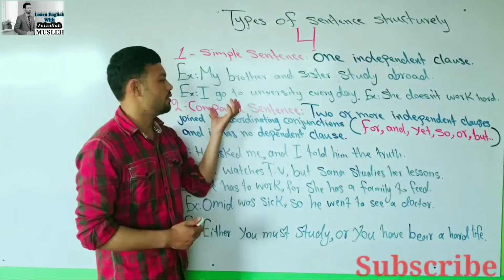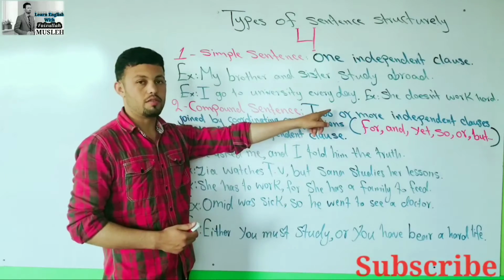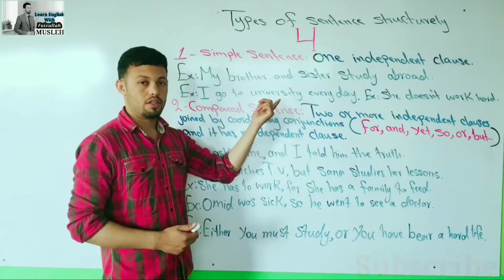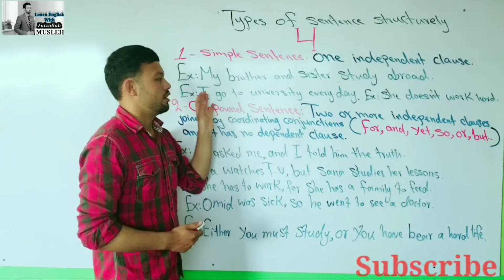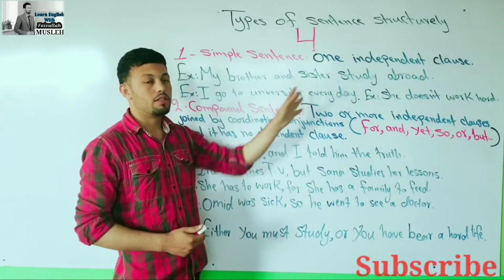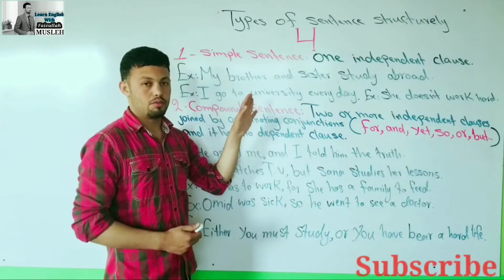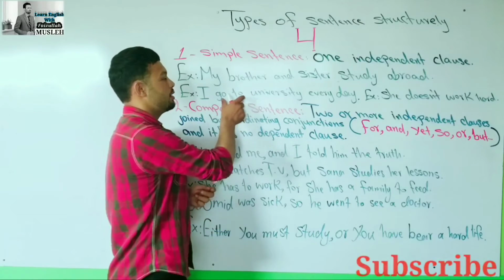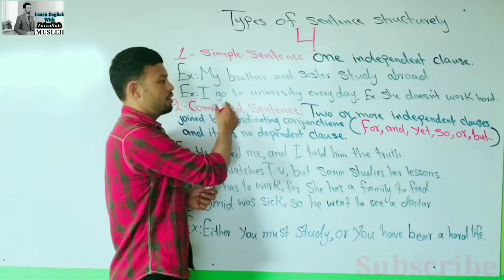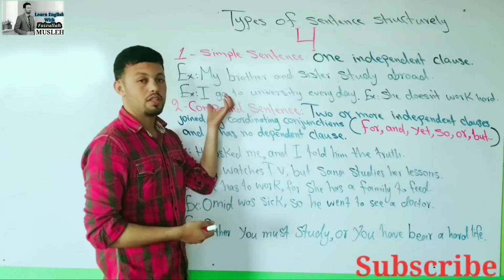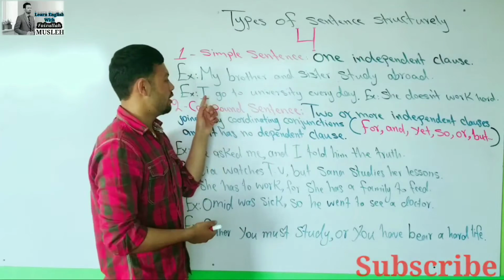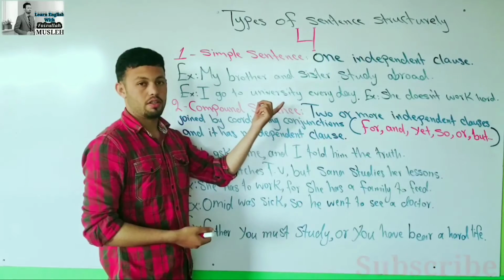So, if I say, I go to university every day. This is one independent clause because it doesn't need any other clause to give a complete meaning.